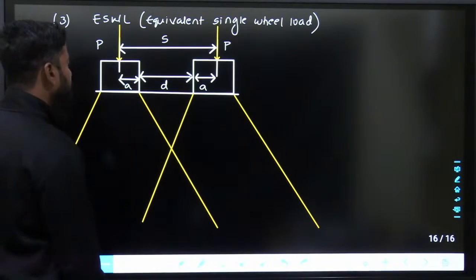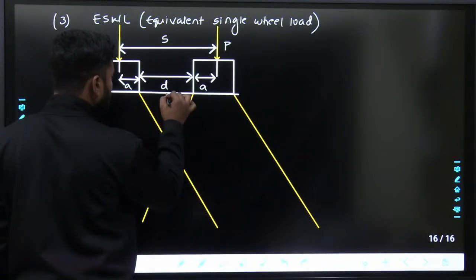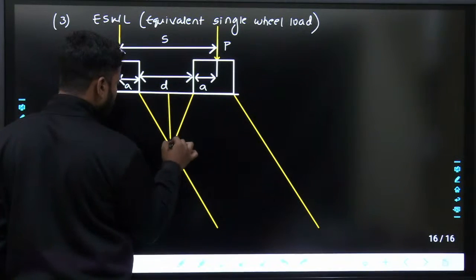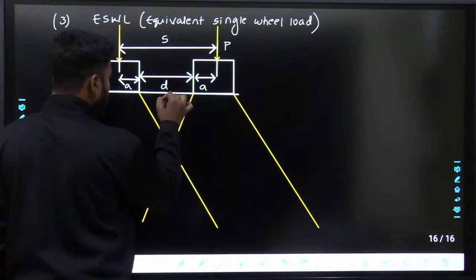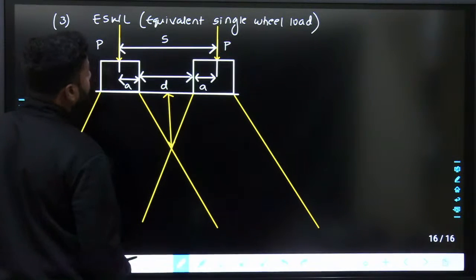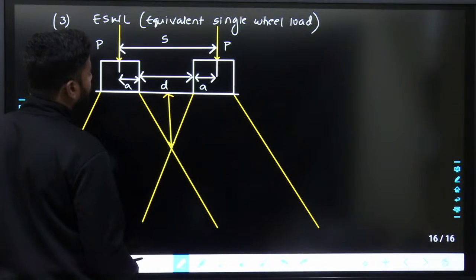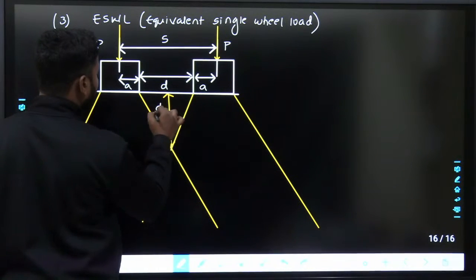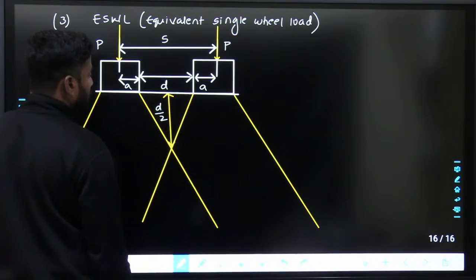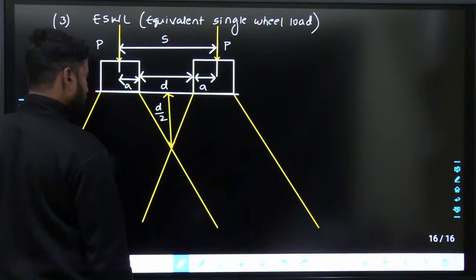Fine. And if I take this as D, and this will be D by 2, D upon 2.